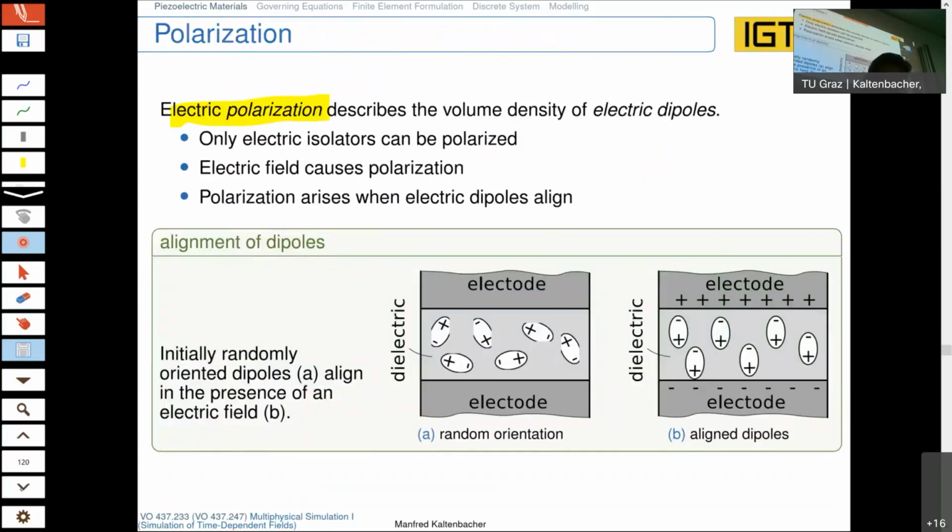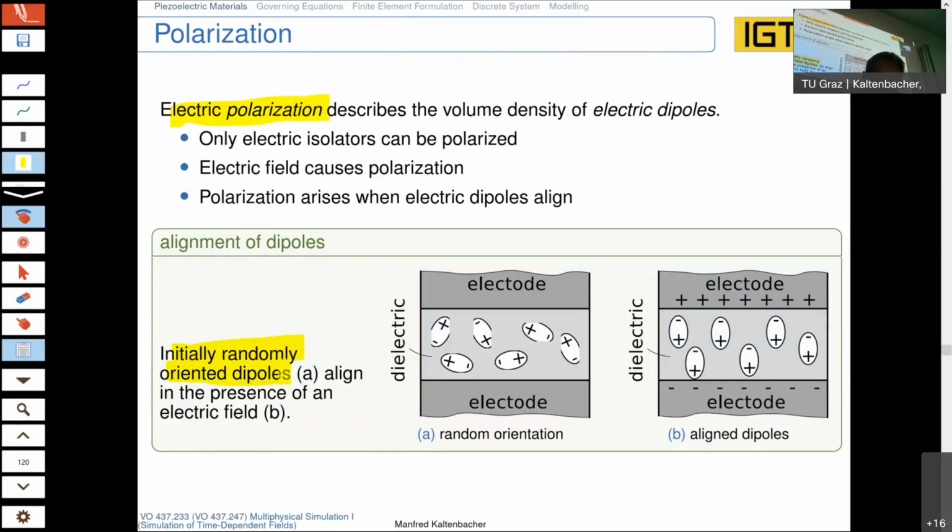Okay, so we see in an initial state they are randomly oriented, all our dipoles, due to energetic reasons. And if we apply an electric field, then they get aligned in this sense.